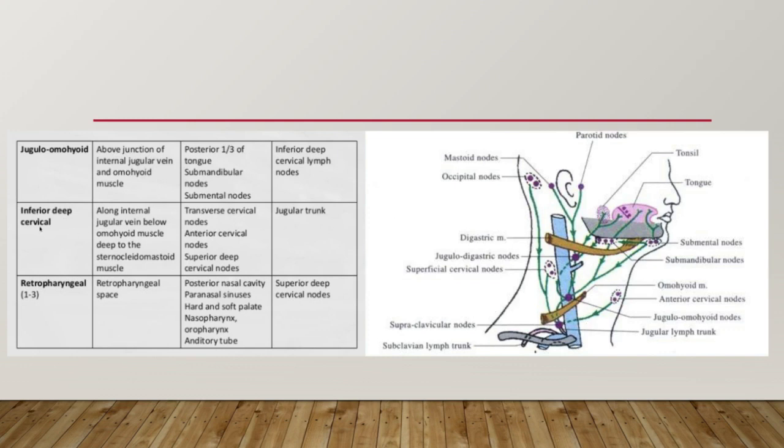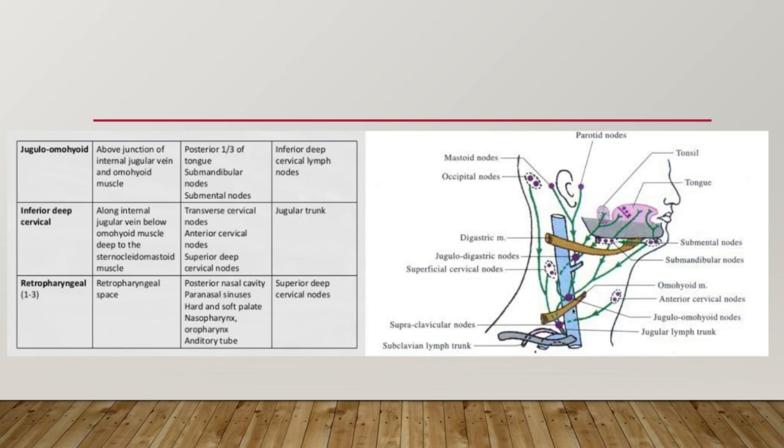Now, the inferior deep cervical lymph node. The inferior deep cervical lymph node is seen along the internal jugular vein below the omohyoid muscle, deep to the sternocleidomastoid. This is the internal jugular vein, this is the omohyoid muscle. It is found deep to the omohyoid muscle and deep to the sternocleidomastoid muscle in this region.